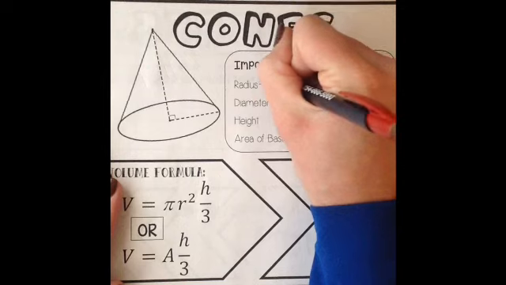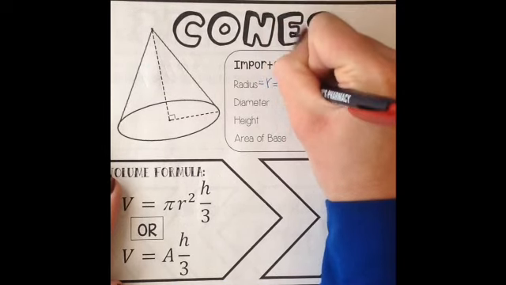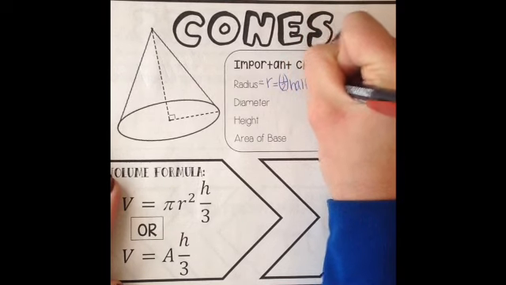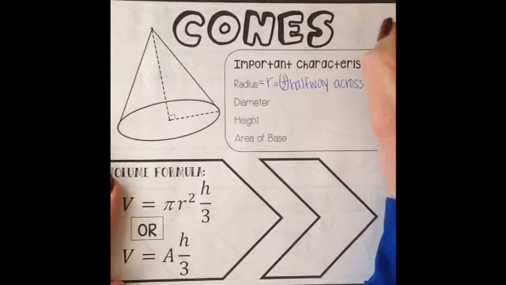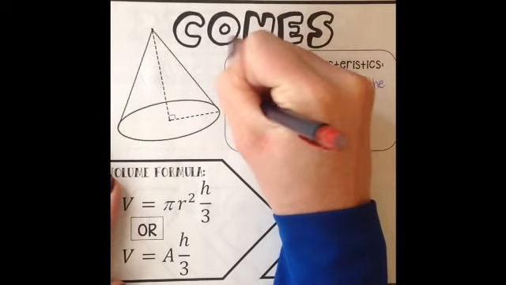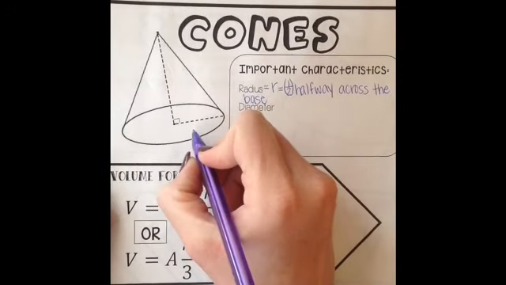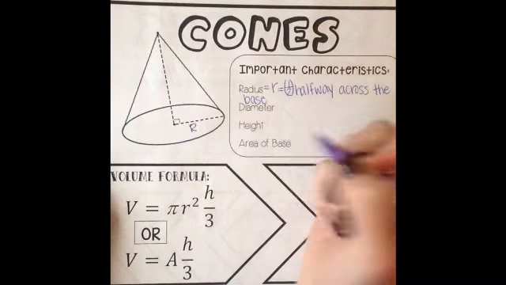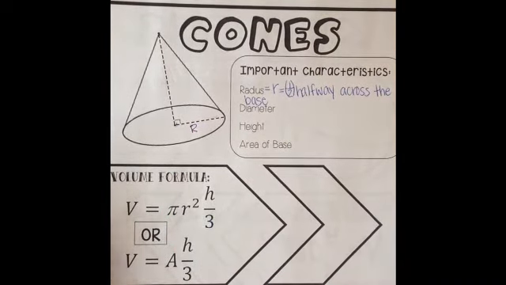So we're going to put halfway across the base. Then we're going to use our colored pencils if you have them, and label this right here as r. r goes halfway across, and that's exactly what we need for our formulas that we'll see later.